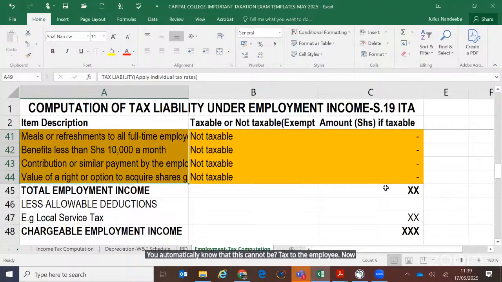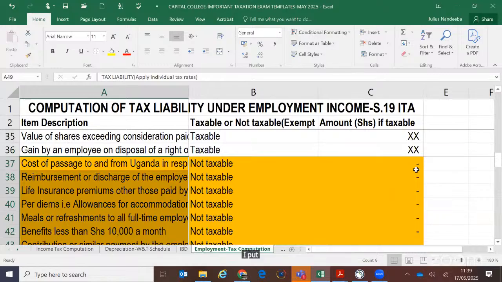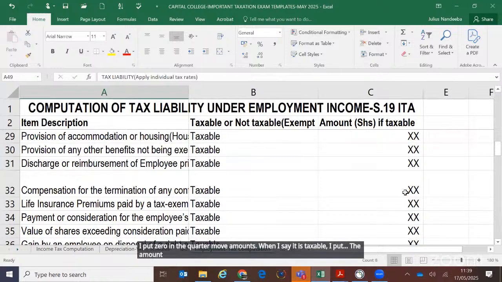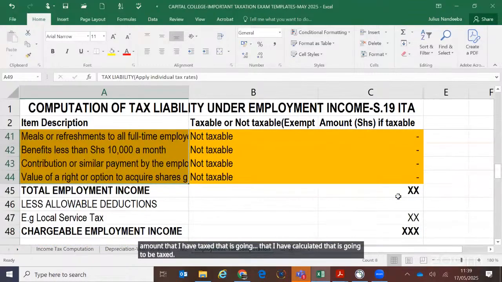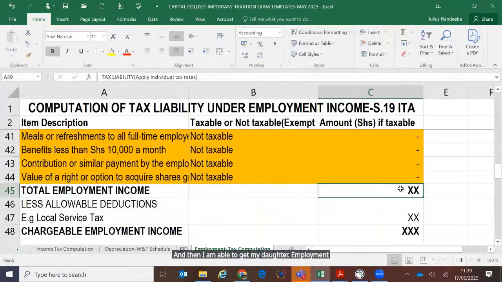Now, when you have aggregated, when I say it is non-taxable or it is exempt, I put 0 in the column of amounts. When I say it is taxable, I put the amount that I have calculated that is going to be taxed. And then I am able to get my total employment income that is taxable.